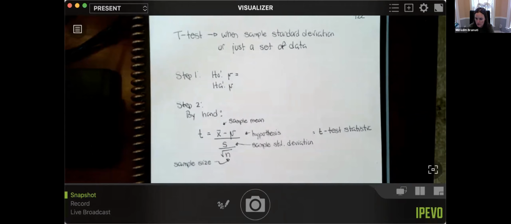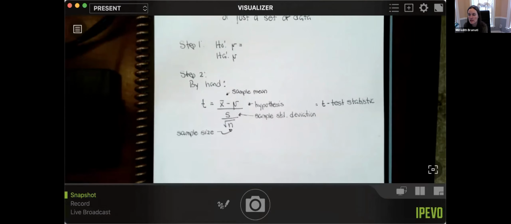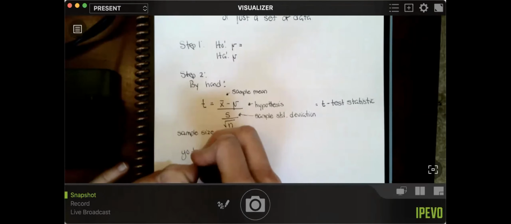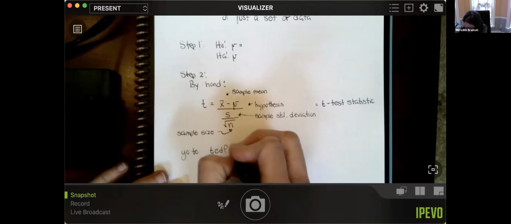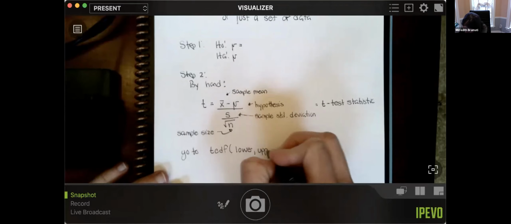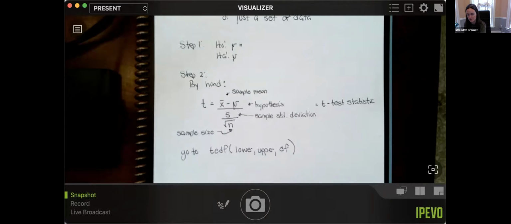So 9.4.5 is the section. Now, once I have my test statistic, when we were doing the z-test, we would then go to the normal CDF, okay? But since we're doing a t-test, then we go to TCDF, which is lower, upper, degrees of freedom.